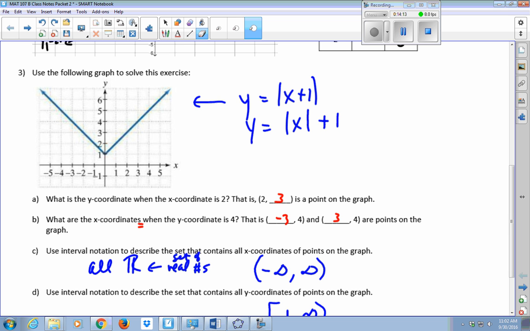I'm at 3. That works. And this is because of the reason about absolute value being two possible numbers inside, both opposite numbers. If you try something on the other side, like -2, and you put it in here, you get -2 plus 1 is what? -1. Absolute value of -1 is 1. Oh, that's not equal to 3.